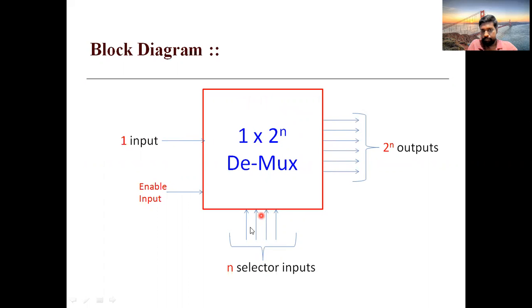It decides in which among these 2 power n lines the input should appear. So 1 among the 2 power n lines is selected so that this input will directly come to that particular line. These selector lines help the circuit to select which line is to be taken for carrying the input. Okay, clear?